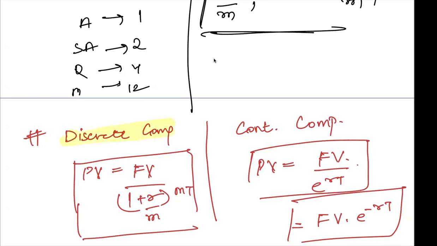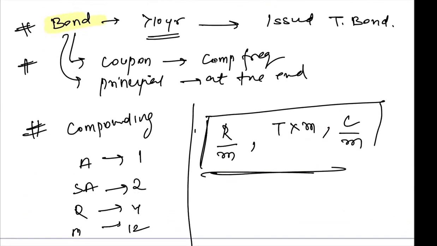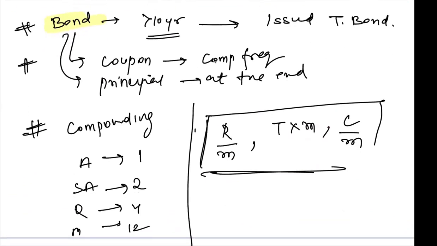Any doubts up till now? Please tell. This is very important. This is the base of how you can price a bond, because we know the bond will give you coupons and principal. If it's annual compounding, every year it will give you coupon, and at maturity it will give you coupon and principal. But we have understood with the time value of money concept that the value of money changes with time.